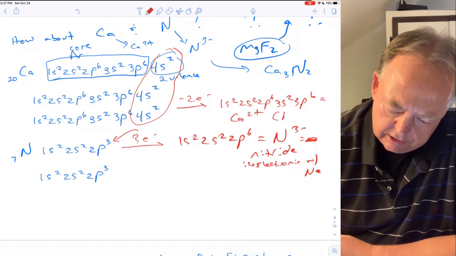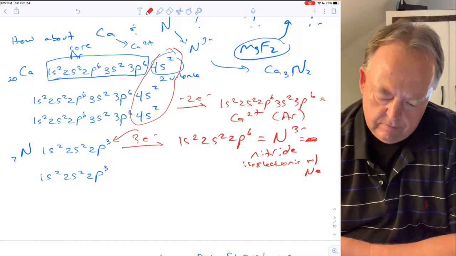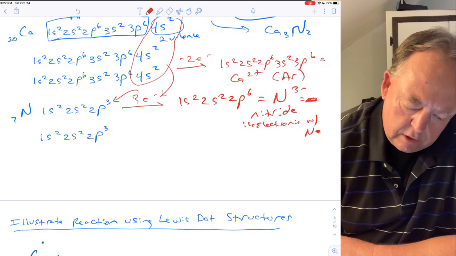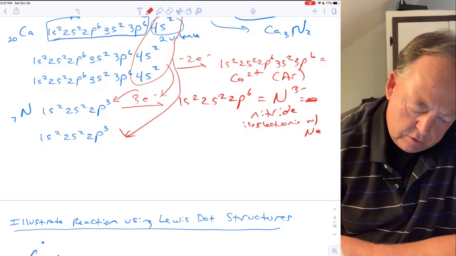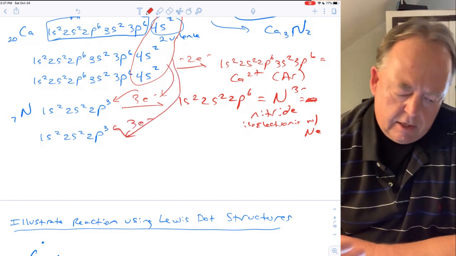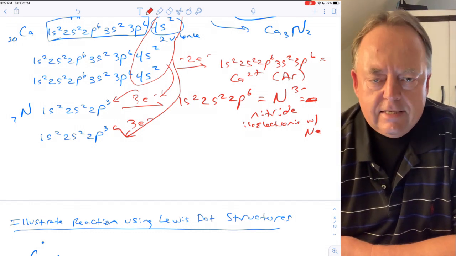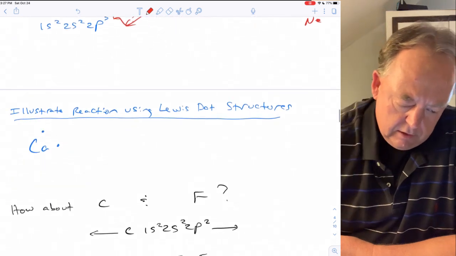And so then that would be isoelectronic with argon. Okay, so of these 6 electrons, 3 go there, and 3 electrons go there. And you make two N3- anions and 3 Ca2+ cations.